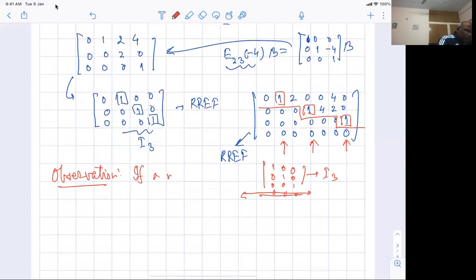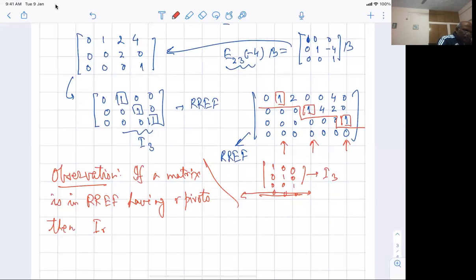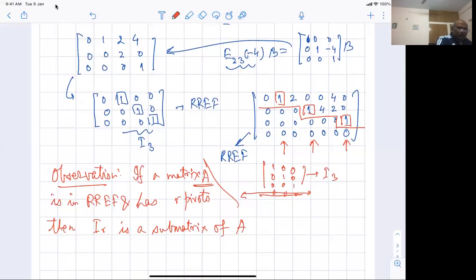If a matrix A is in RREF and has R pivots, then I_R is a submatrix of A. Here I3 is sitting inside this matrix.